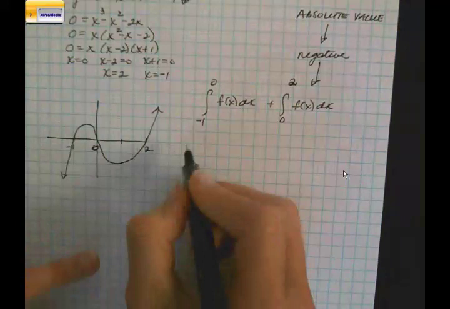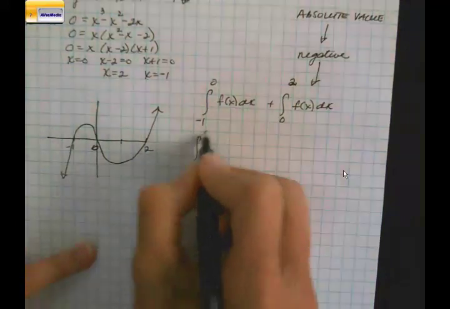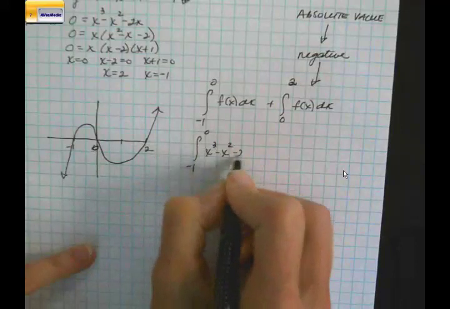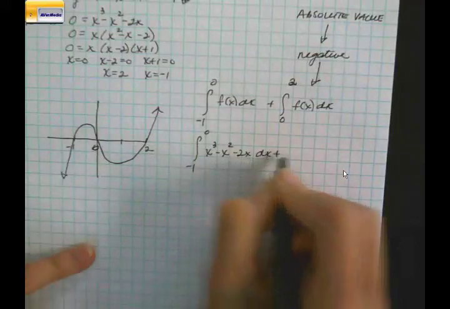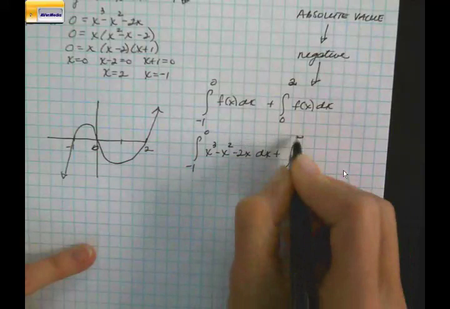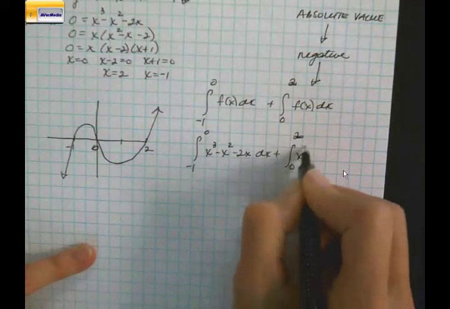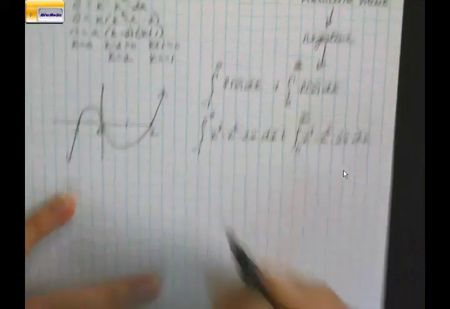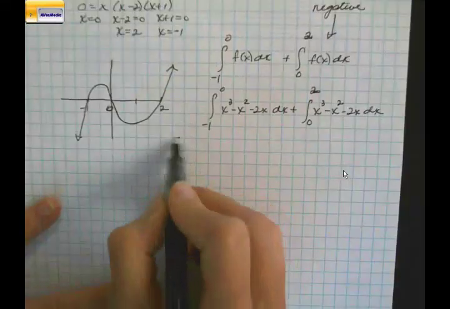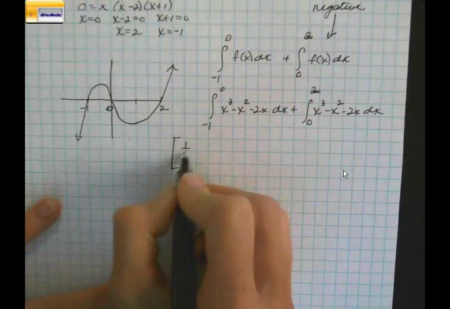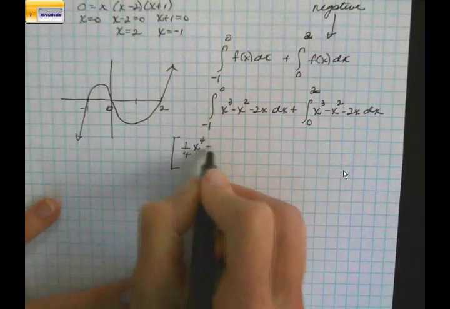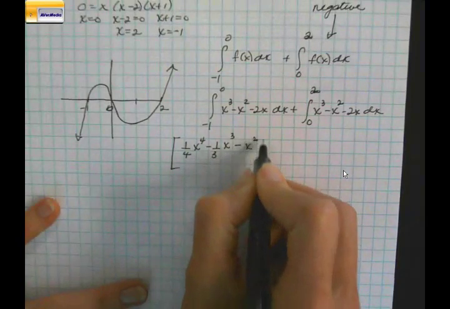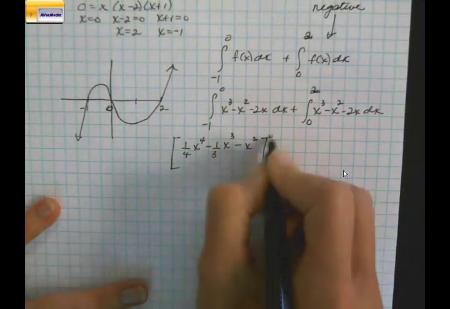Now this is a lengthy thing. I don't think I'm going to do it all. I'm going to lose you. But when you come in here to do this, this is how you're going to set it up. Okay, so this is going to be 1/4 x to the 4th minus 1/3 x cubed minus x squared evaluated from -1 to 0.